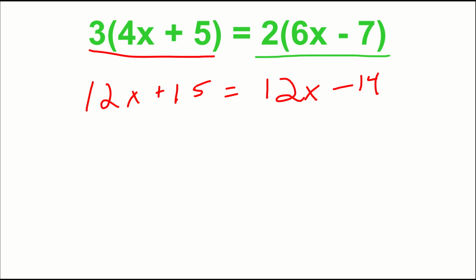After I distribute, my coefficients are the same, but I have different constants. If I have the same coefficients and different constants, that's no solution. Infinite solutions would mean everything was the same.